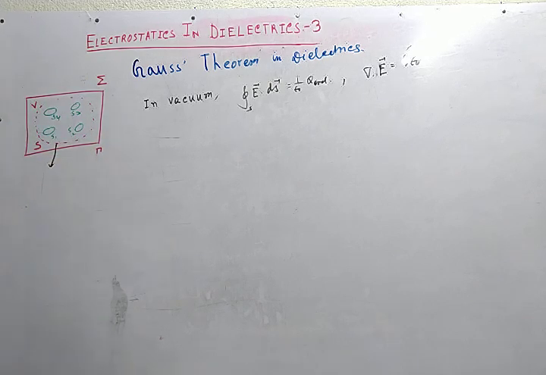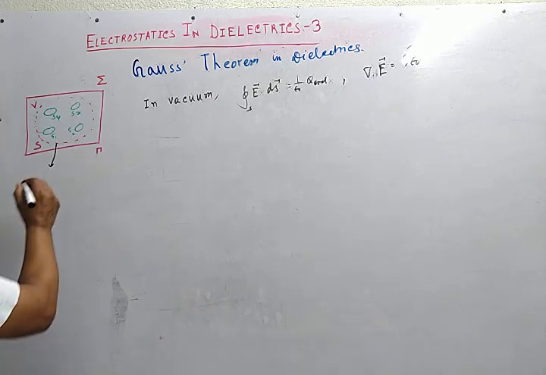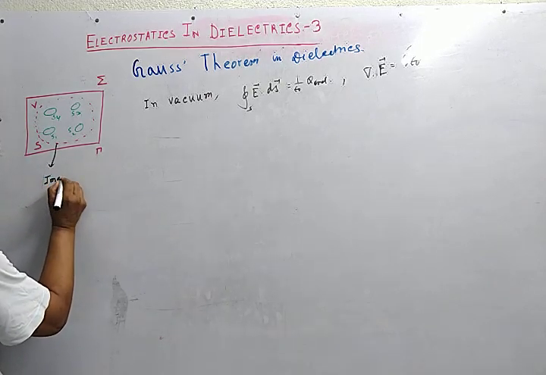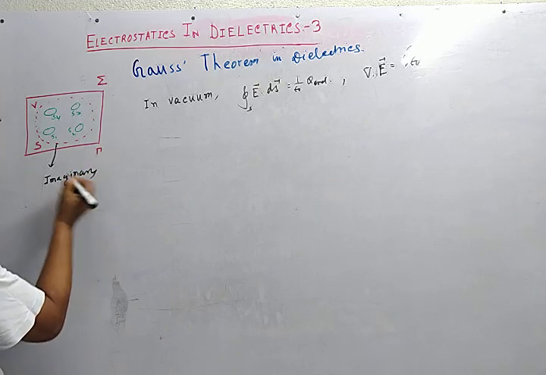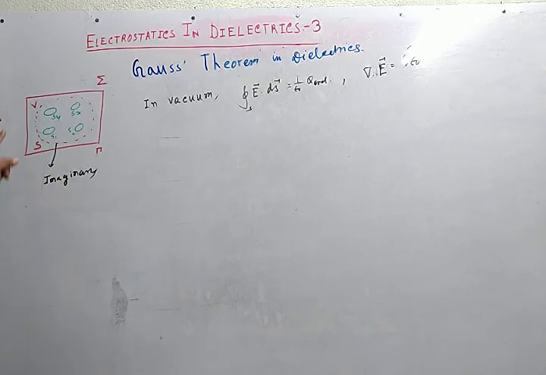Within this dielectric, we consider an imaginary or fictitious surface S, denoted by the dotted line, which encloses the volume B, and within S there are a few conductors S1, S2, S3, and on each conductor there are charges. On S1 it is Q1, on S2 it is Q2, on S3 it is Q3, and so on and so forth.